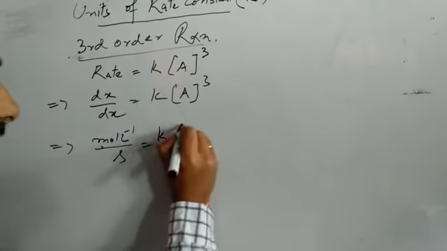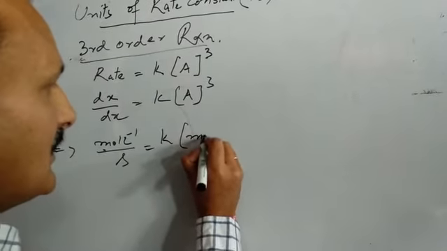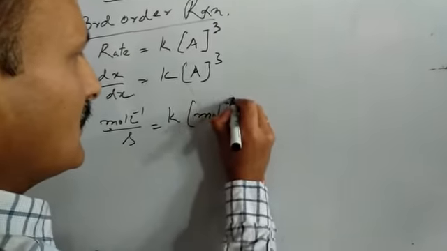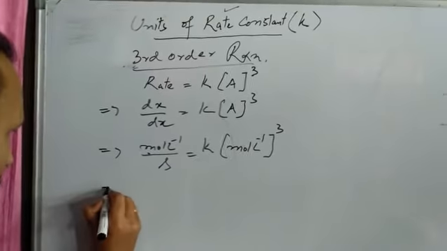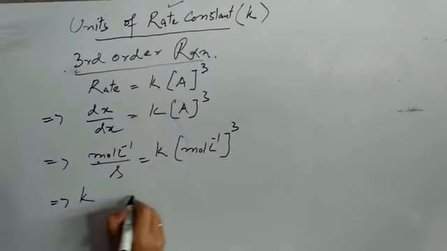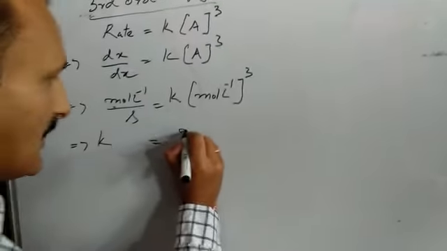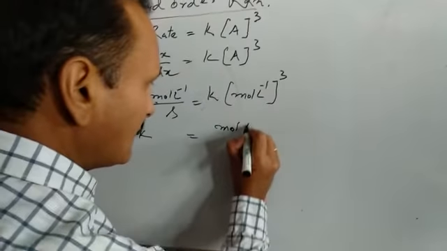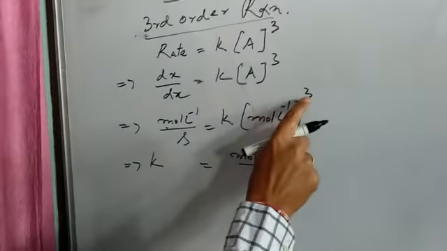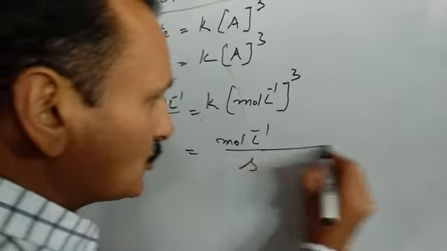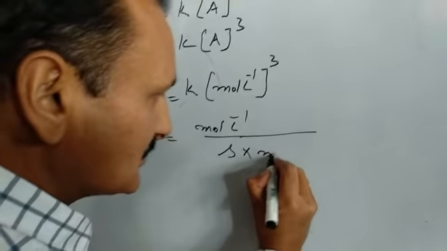Then K, mole per liter raised to power 3. Now K will be equal to what? K will be equal to mole per liter upon second, and this is mole per liter how many times? 3 times. It will go to the denominator 3 times like this.